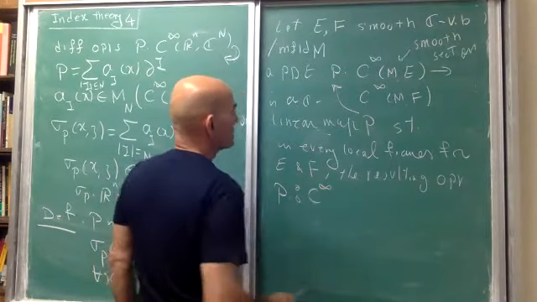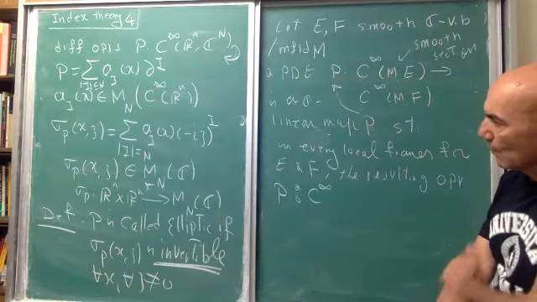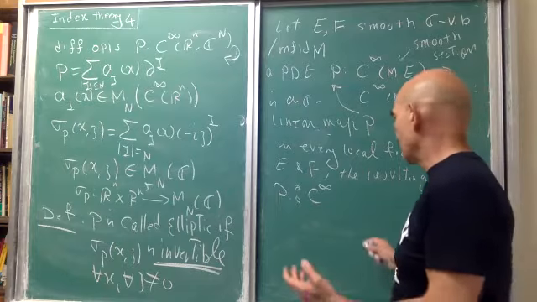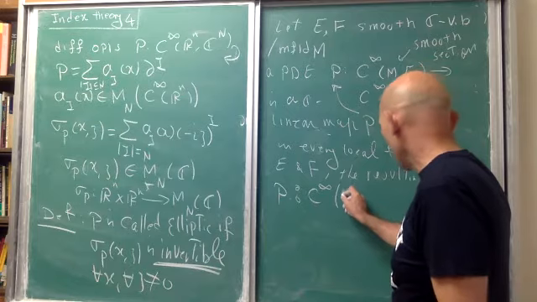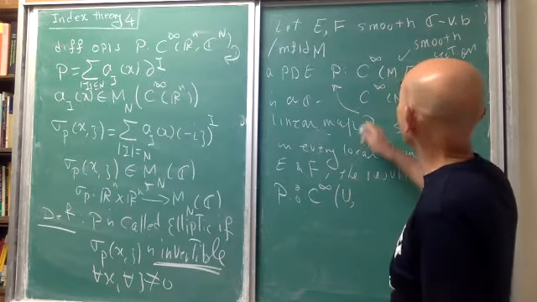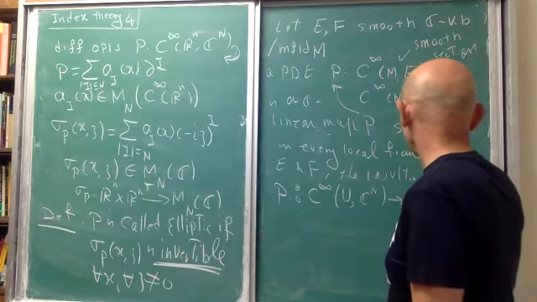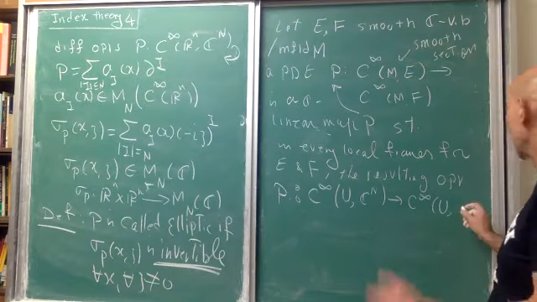They go from, say, C infinity of U and C^n to C infinity of U and C^n.